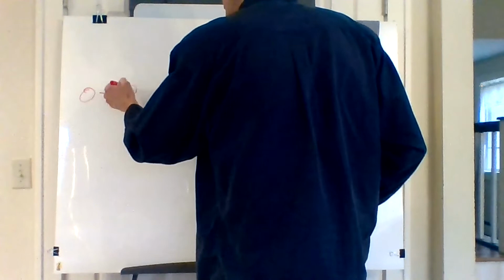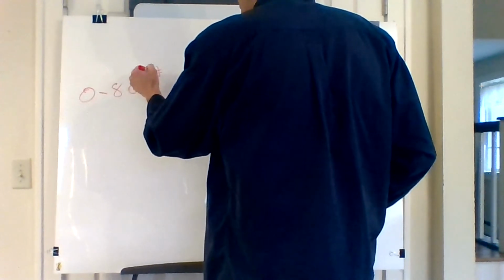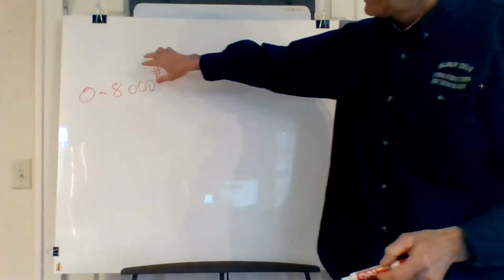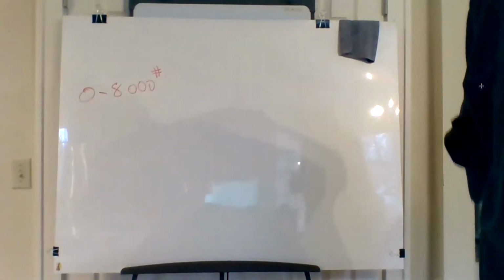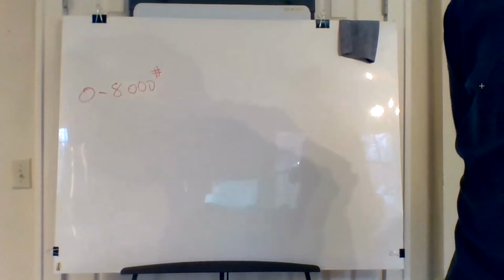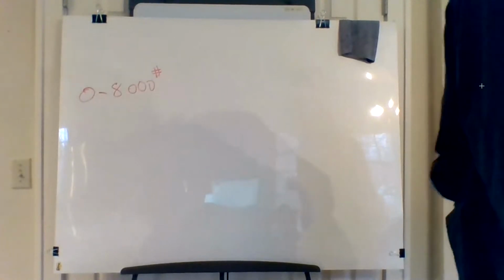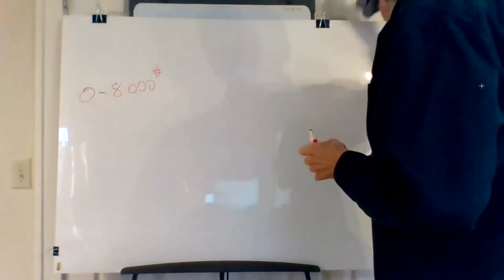Okay. So the first thing I'm going to do is I see that I'm dropping 8,000 pounds. So that is going to be the value of the shear at the left end of the beam. It's both 0 and minus 8,000. I suppose I could draw it real quick. Let me do that. I should have done this before.